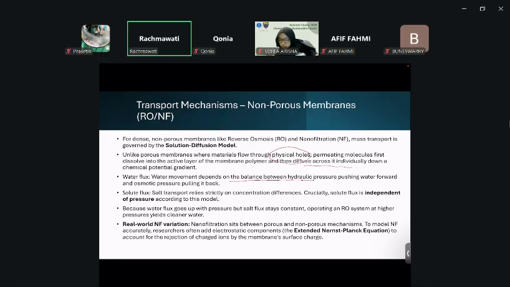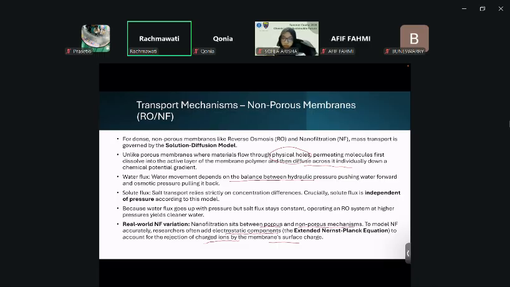And there is also a nanofiltration variation, which sits between porous and non-porous mechanisms. They often add electrostatic components, the extended Nernst-Planck equation, to account for the rejection of charged ions by the membrane surface charges, especially if you're using a membrane which has functional groups, and these functional groups can produce ions, for example, based on pH.